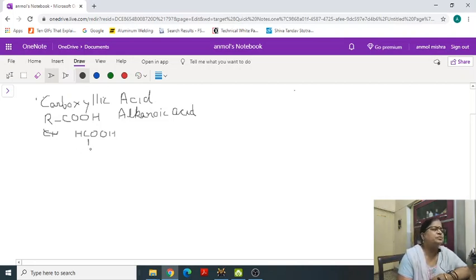So one carbon, methane, and we will remove E and add the suffix -oic acid. So the name will be methanoic acid. Commonly, the common name is formic acid.